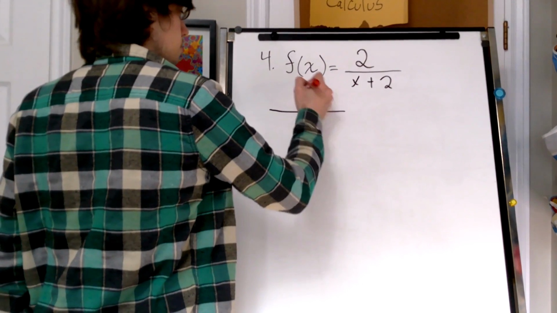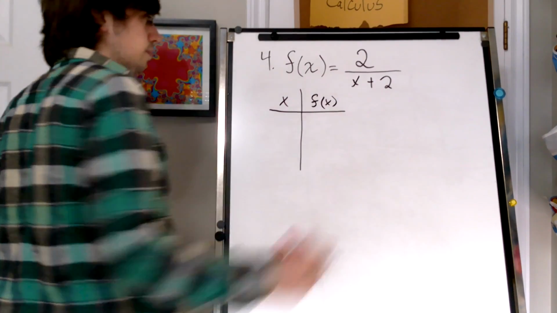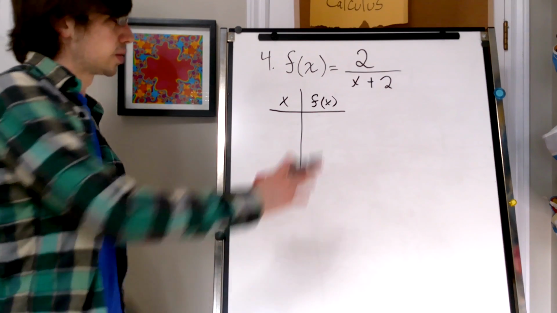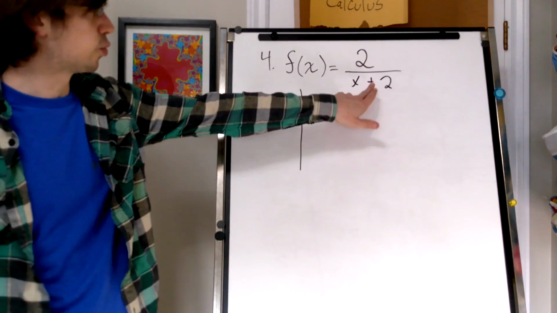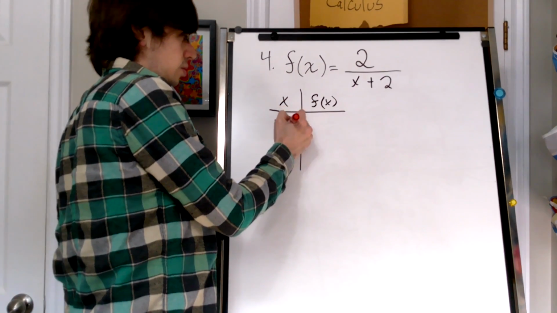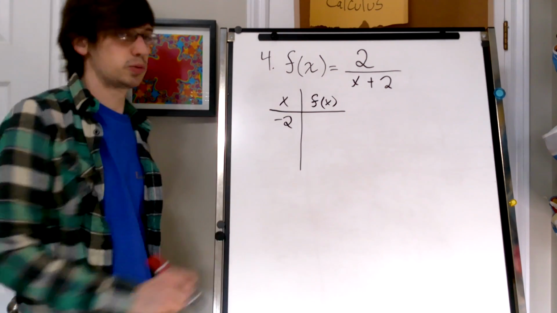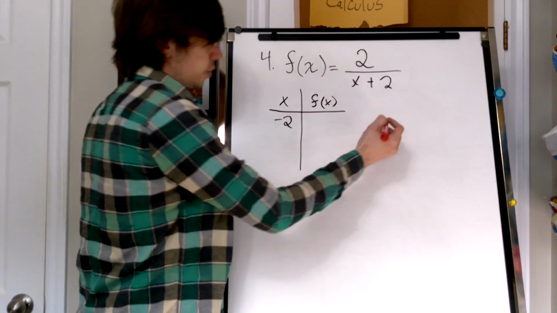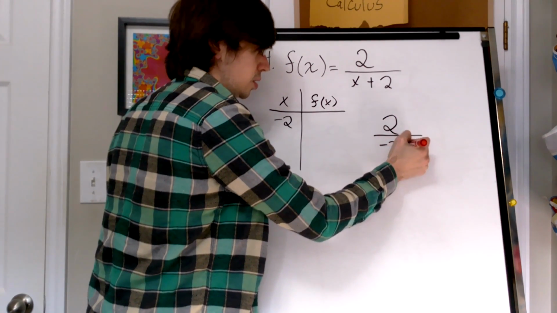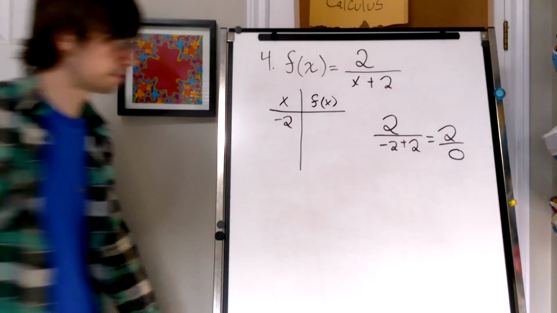T-table. Okay. So let's see first and foremost here, what happens if x is equal to -2? x equals -2, and we have 2 over -2 plus 2, that is 2 over 0.